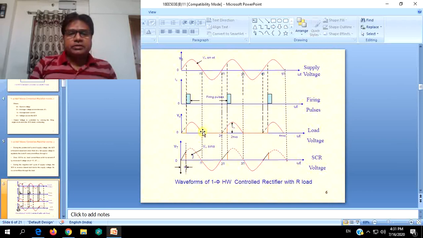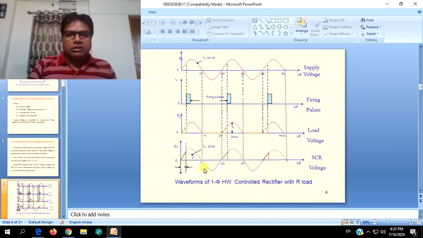At pi, the source voltage will get reversed, that is the negative half cycle, from pi to 2 pi. During this half cycle, we will not apply any gate pulse or firing pulse, so the SCR will be totally open, blocking the reverse voltage.